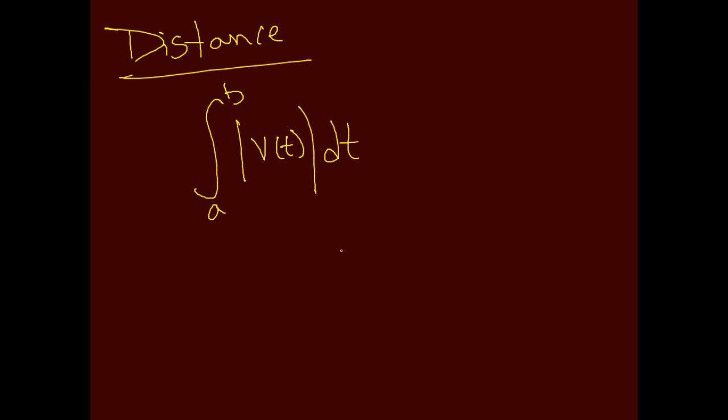All right, so that only tells us the distance traveled. And these results could sometimes be the same if it's a positive function over the interval, but especially if the function changes sign over the interval, these two results are going to be different. Okay, the displacement and the distance.